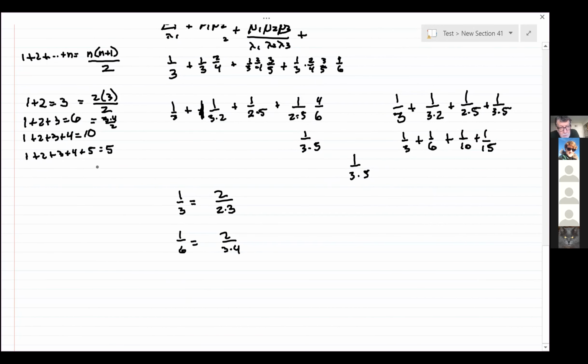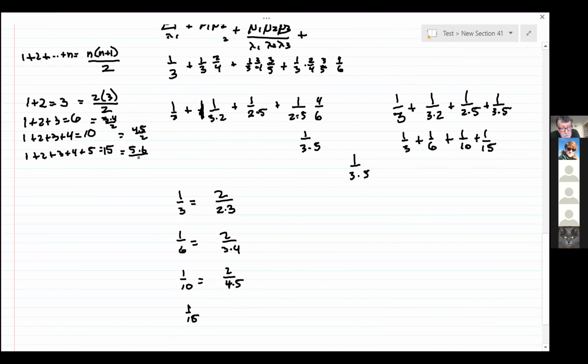And that's going to help. This one would be what? 4 times 5 over 2. So the 1/10 there is really 2 over 4 times 5. And the last one, 1/15, is really what? 5 times 6 over 2, which is 15, right? Yeah.